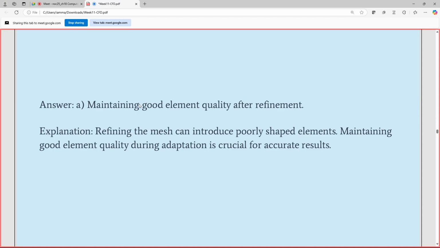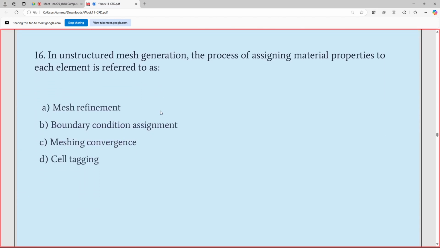But in unstructured meshes, the splitting of the cells or elements is done in an unstructured way, which can create poor quality elements. So our answer is option A. Maintaining good element quality after refinement is a challenge in unstructured meshes. Moving on to next question.